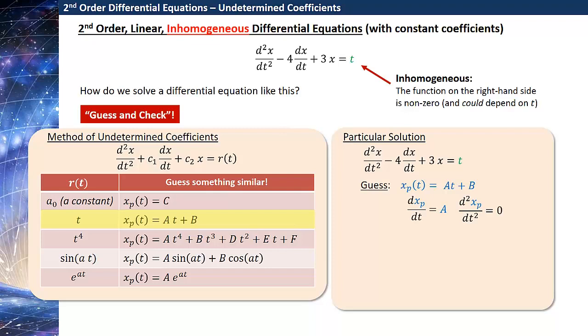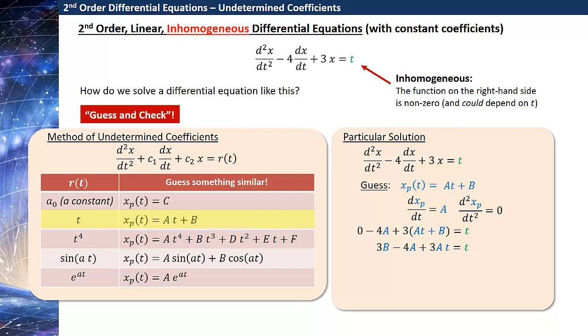So the first derivative just gives me a, the second derivative gives me 0. So plugging this into the differential equation above, I get nothing from the second derivative. I get minus 4a from the first derivative term, and then I have plus 3 times my original guess, at plus b, and all of this must equal t somehow.